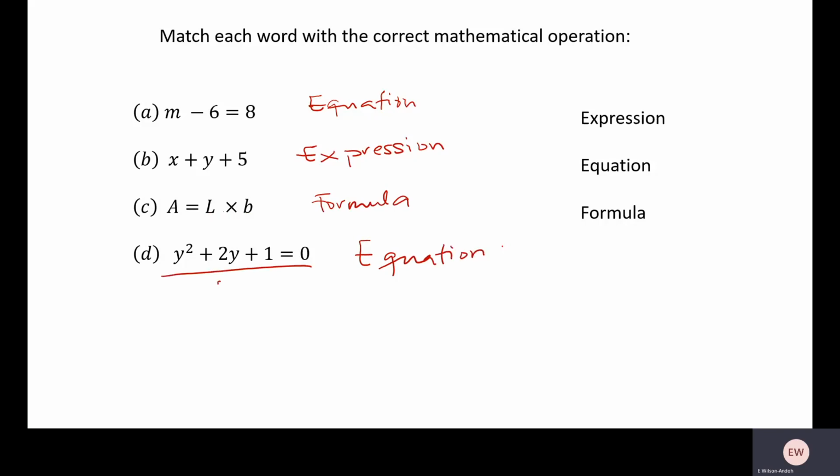Now, this equation is called a quadratic equation. And we can solve for the value of y without substituting anything into the mathematical operation. So it makes this operation an equation.